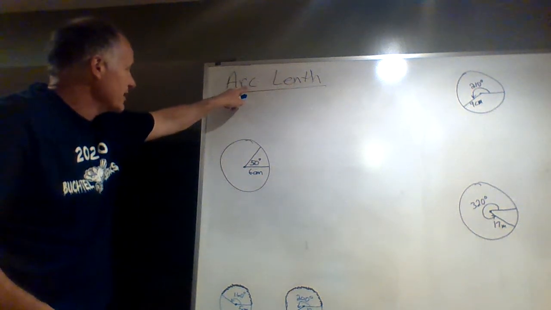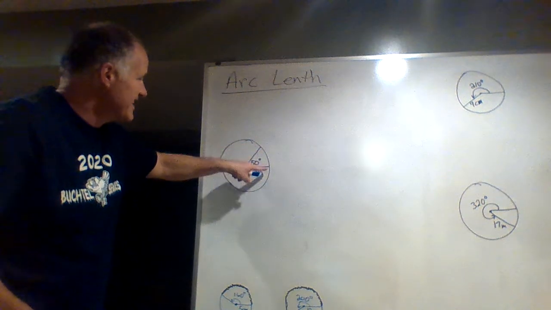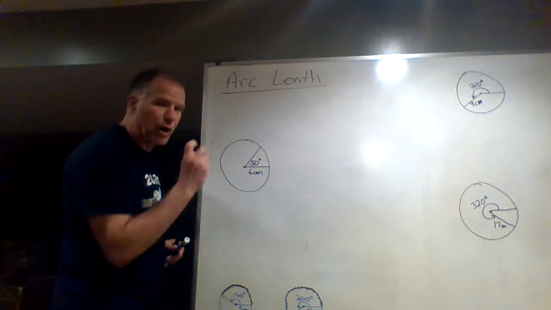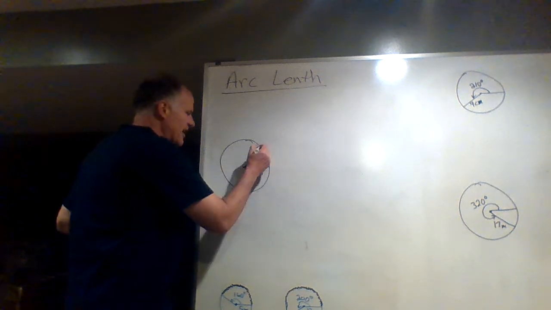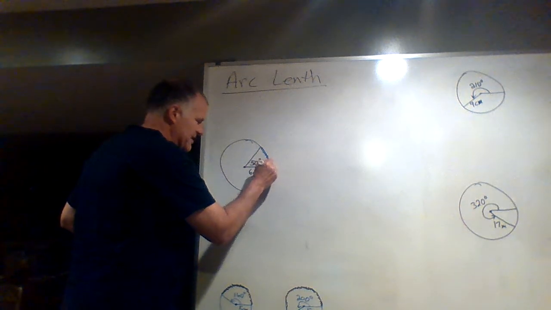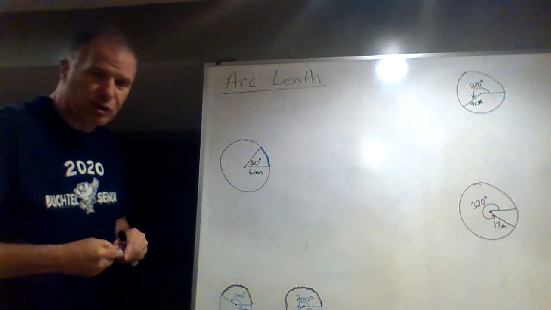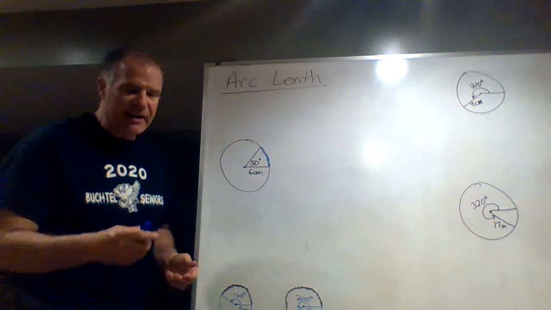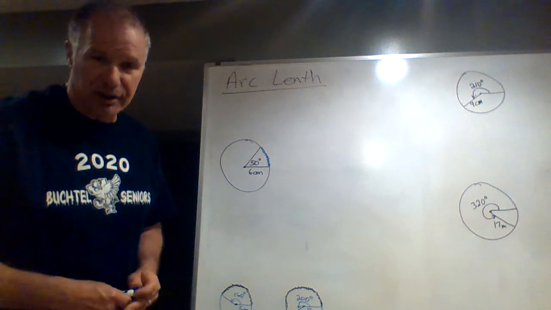An arc means the distance around the outside of a circle. So an arc is part of a circle. If I did a little squiggle here, this section right here, this piece of that circle is an arc.